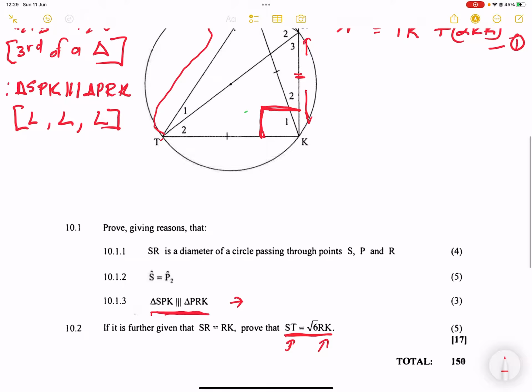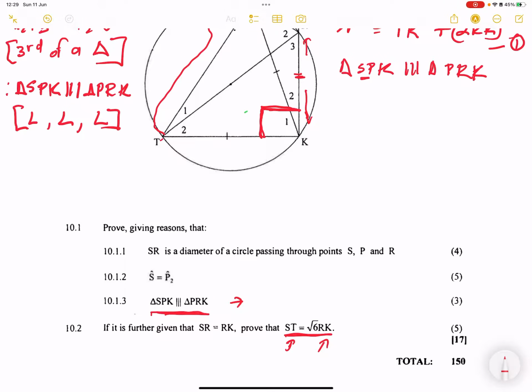Especially TK. So in my congruency, I know that because we said triangle SPK is similar, I keep saying congruency, but it's similarity, to PRK.